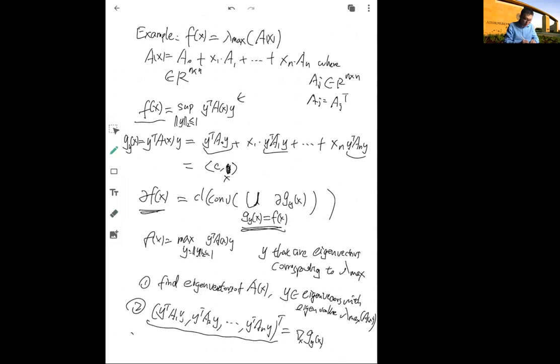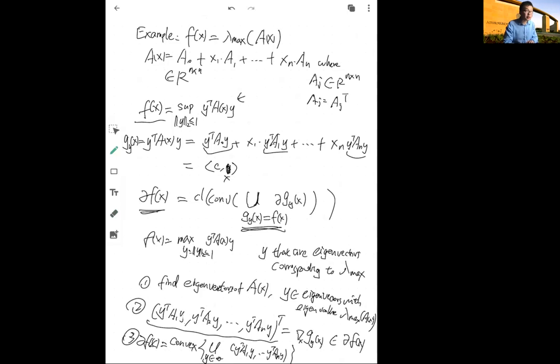The subdifferential of f(x) would be the convex hull of the union of all such vectors, y transpose A1 y through y transpose An y, over all such y.